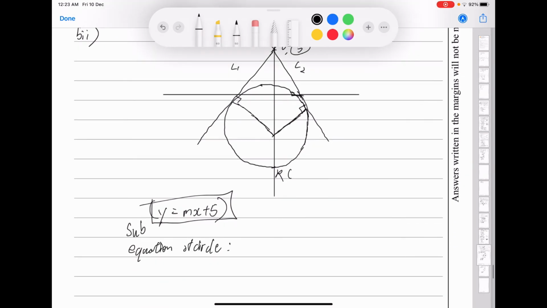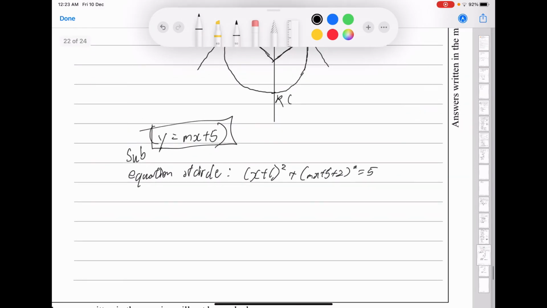So we just copy down. And at last, we will get this equation right here.